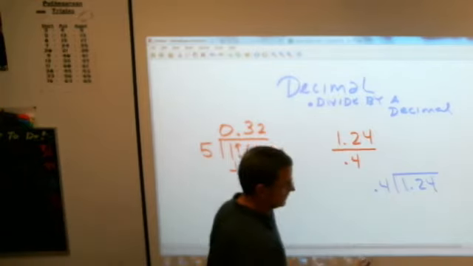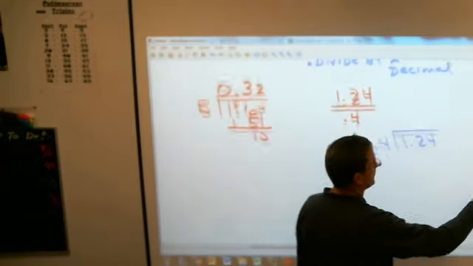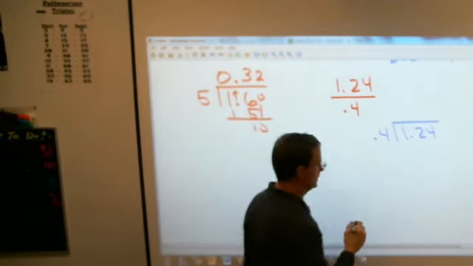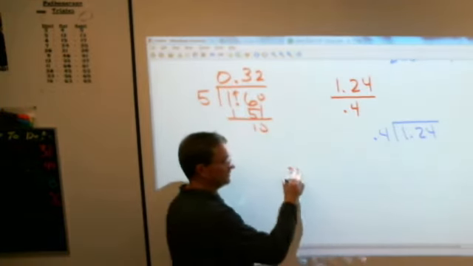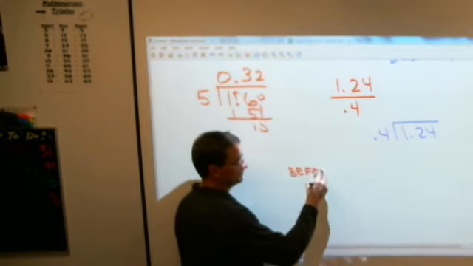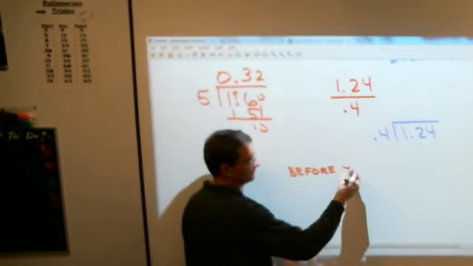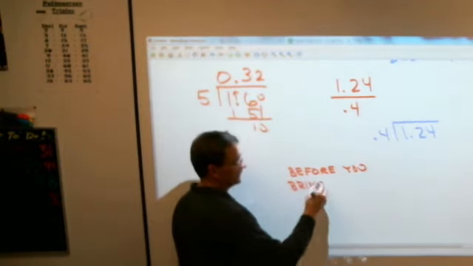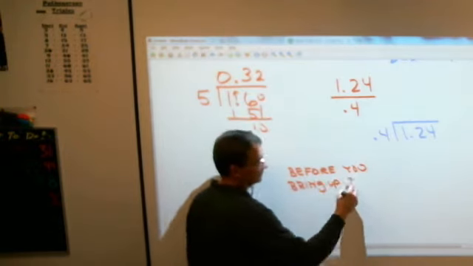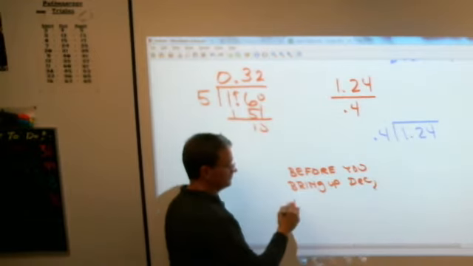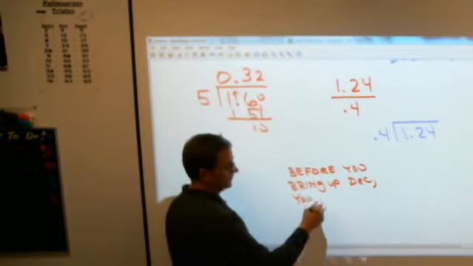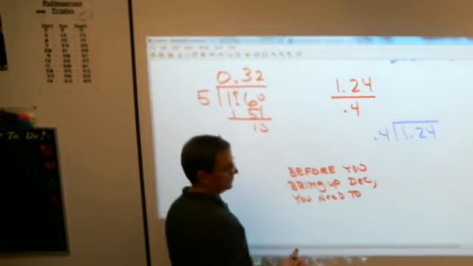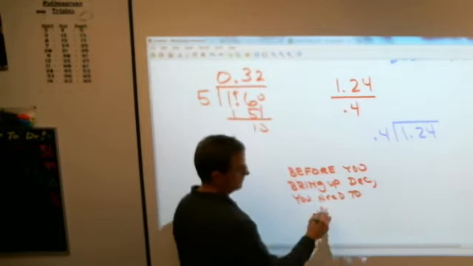Now, here's what you must understand. Before, write this down, before you bring up the decimal, before you bring up the decimal, you need to, and then just write this down, put over.